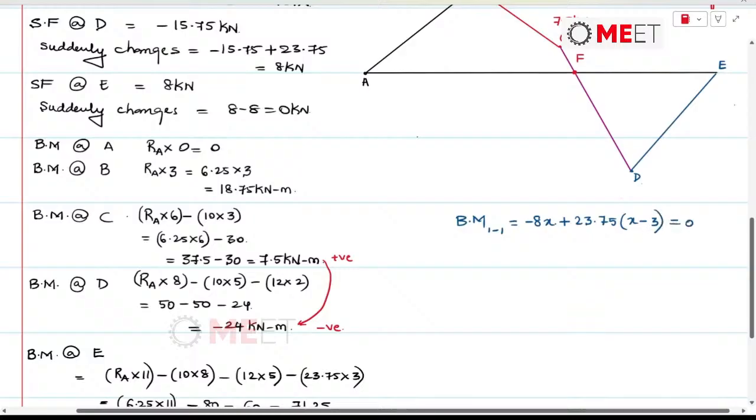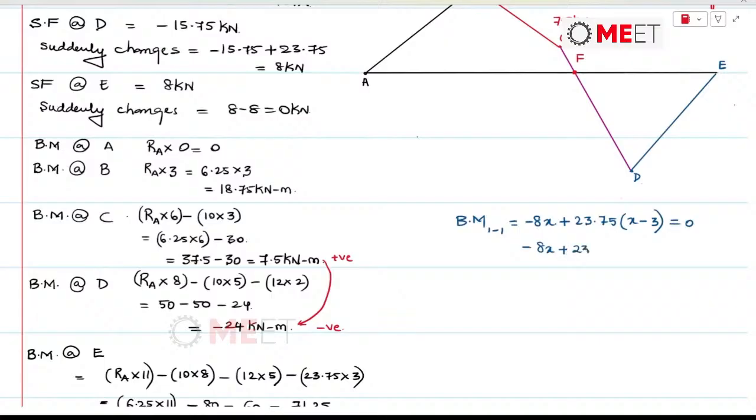This should be equated to 0. This is minus 8x plus 23.75x, and 23.75 times 3 is 71.25. This is equal to 0.